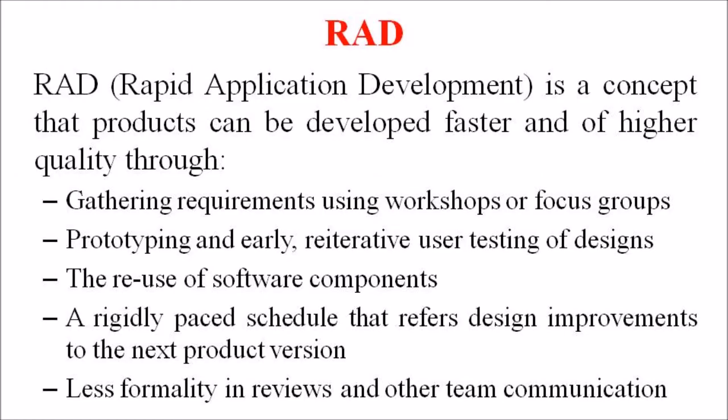Rapid application development is a concept that products can be developed faster and of higher quality through gathering requirements using workshops or focus groups, prototyping and early iterative user testing of designs, the reuse of software components, a rigidly paced schedule that defers design improvements to the next product version, and finally, less formality in reviews and other team communications.